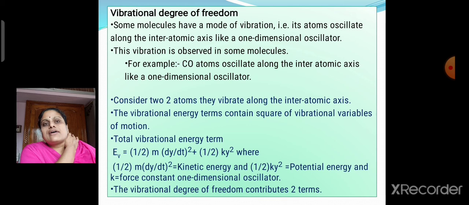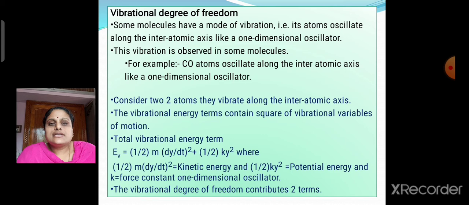Now let us have a look at the vibrational degree of freedom. Some molecules have a mode of vibration. That is, their atoms oscillate along the interatomic axis. For example, carbon monoxide atoms oscillate along their interatomic axis.